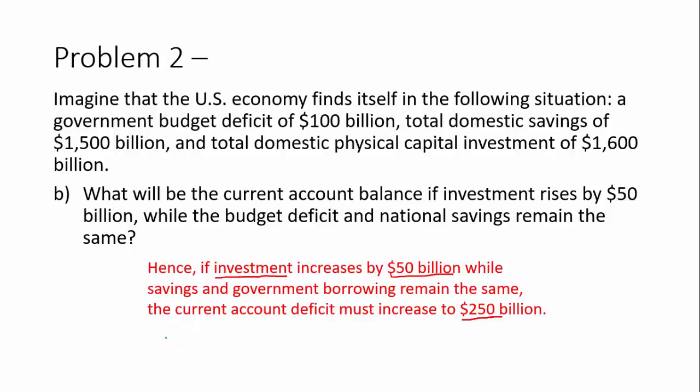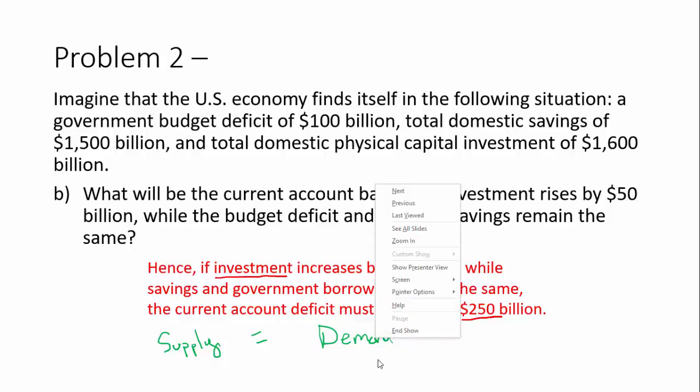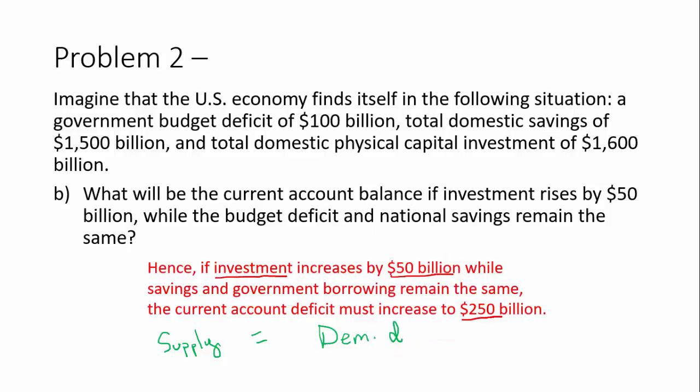What's changing here is the demand side. Over here we have the supply side, right? So here's supply, and it has to equal demand. That's really the idea. And the demand side is what increases by 50 billion.